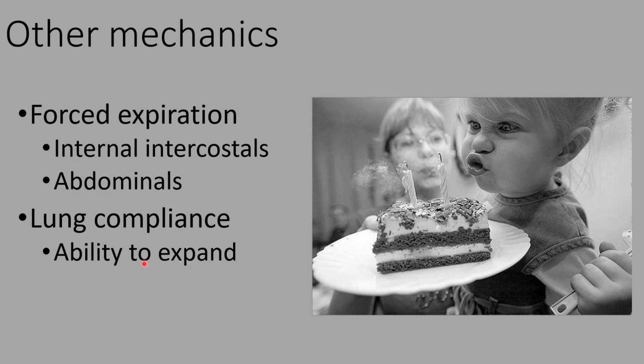Anything that interferes with lung compliance, smoking, COPD, things like that, anything that interferes with the lungs' ability to expand makes those volume changes difficult. And if the volume changes don't occur easily, then those pressure changes also don't occur easily.